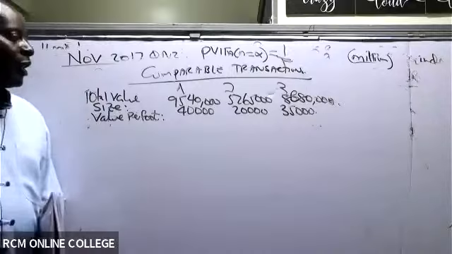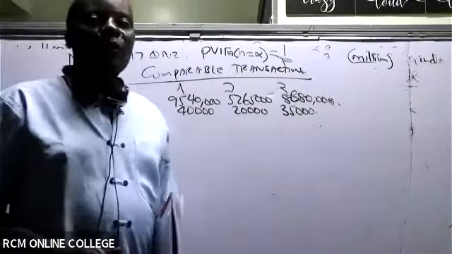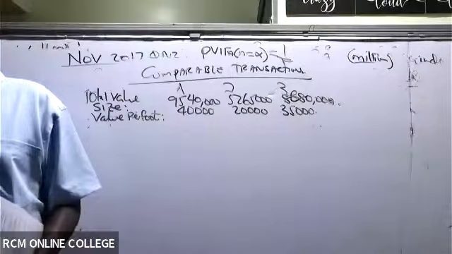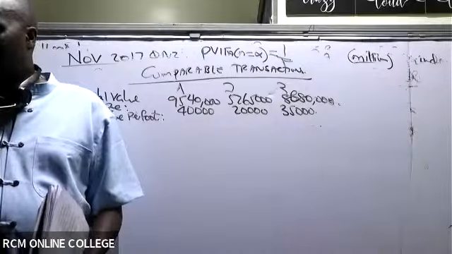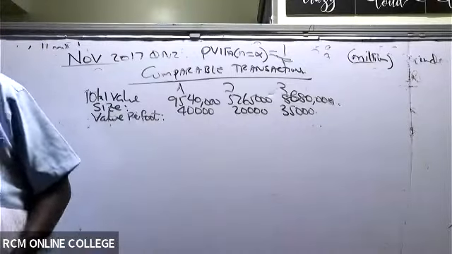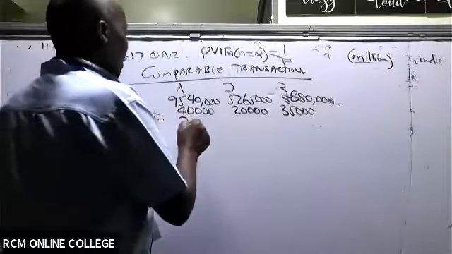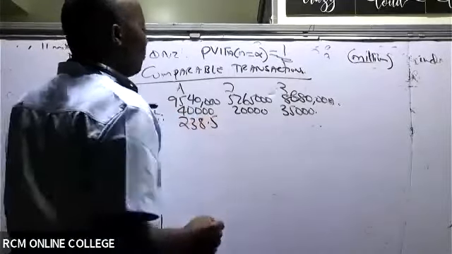So like 40,000 divided by 40,000. What figure are we getting here? So this is 238.5.